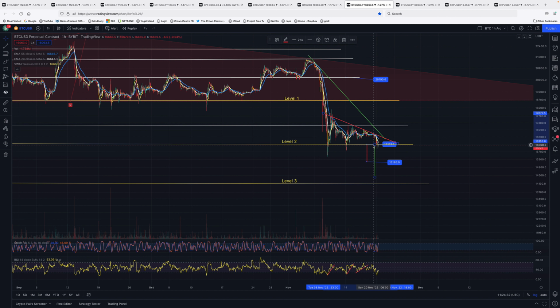Personally, in these kinds of situations, I would be watching how it breaks down, because it creates momentum. I have rarely seen short trade targets hit in this measured move way, as in, oh, we're only getting to 15,200, or we're only going to 14,400.